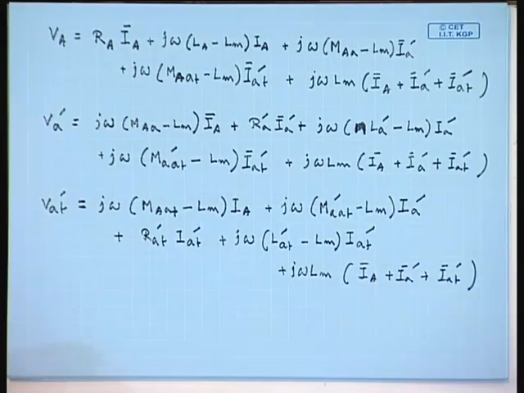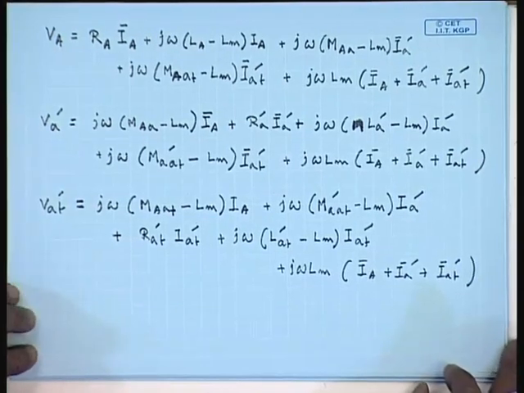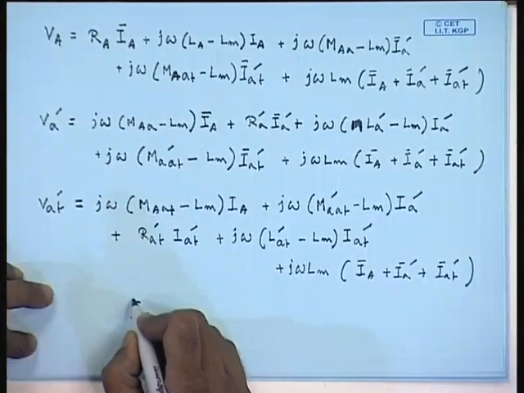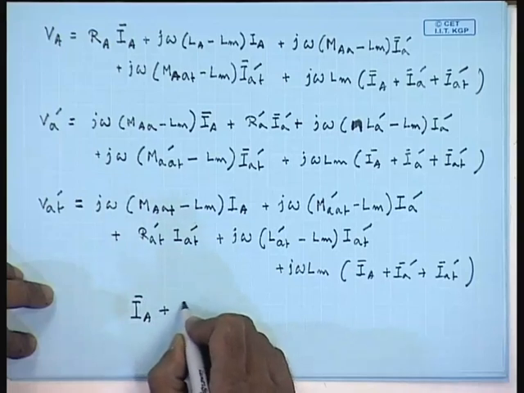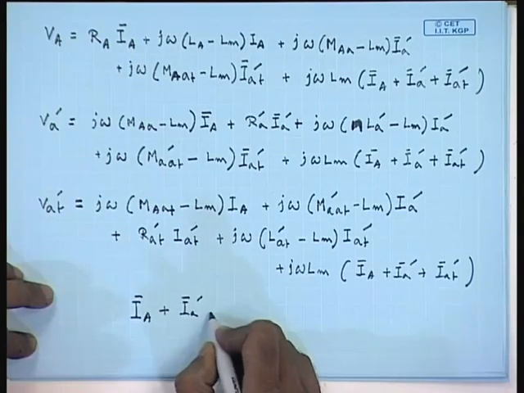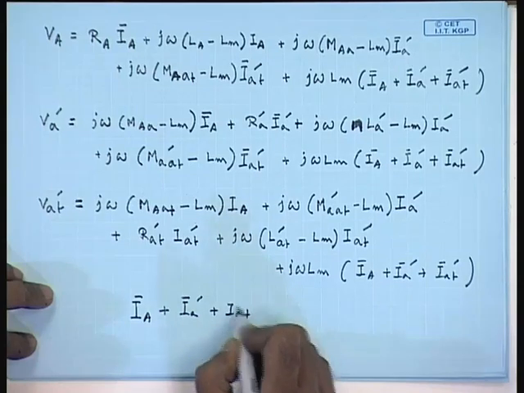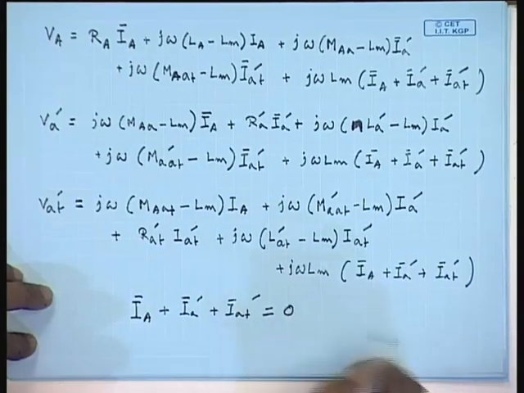Now, if we assume that the magnetization current of this transformer is negligibly small, then we have I A plus I A dash plus I A T dash equal to 0.